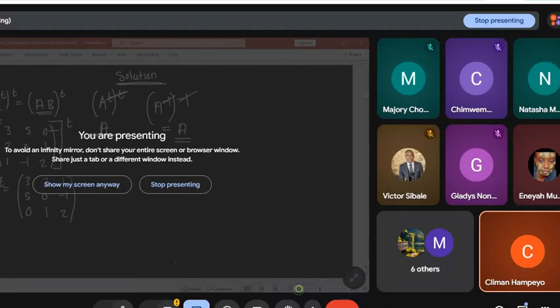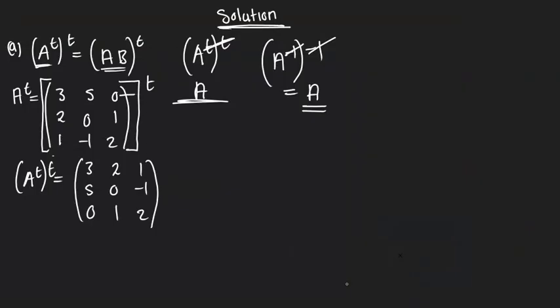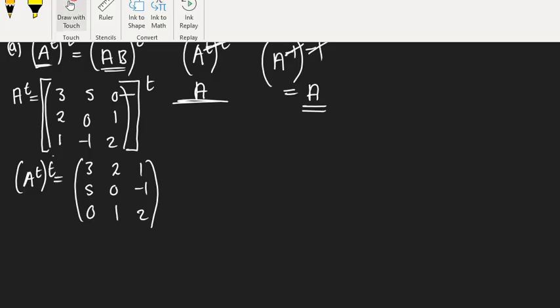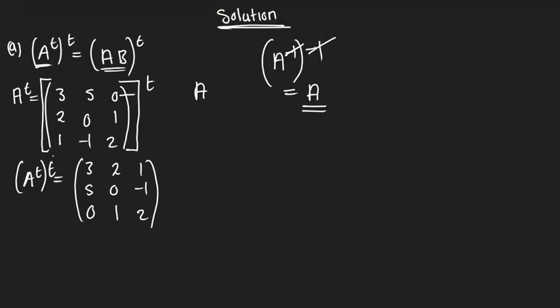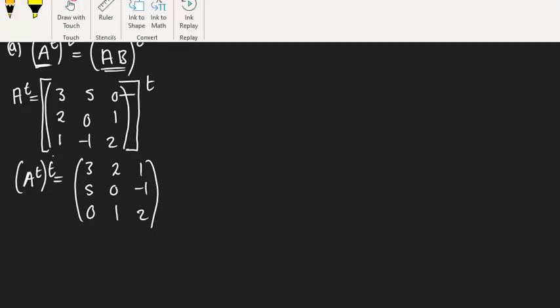Thumbs up. Is it clear? You've gotten the concept there? Very good. Okay, so we have our A transpose there. Now we work out whatever is on the other side, the brackets.